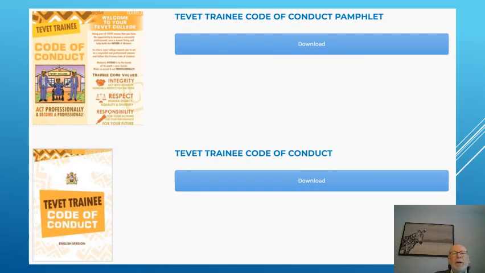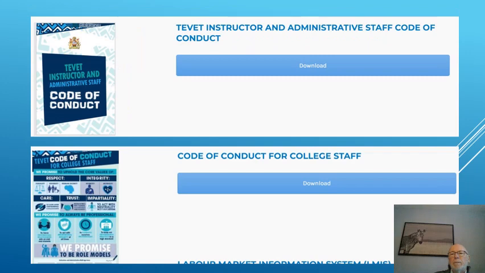In addition, as a part of that orientation program, we developed again with stakeholders a code of conduct for trainees, and there's more detail in here with actually a booklet on the code of conduct. And then a code of conduct for instructors and admin staff. So again, a lot of details in here.